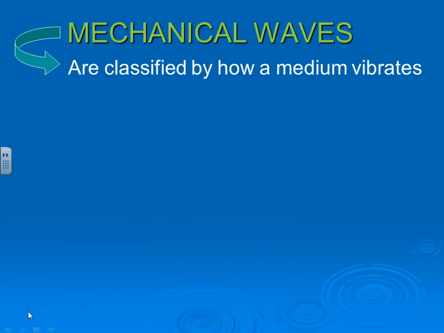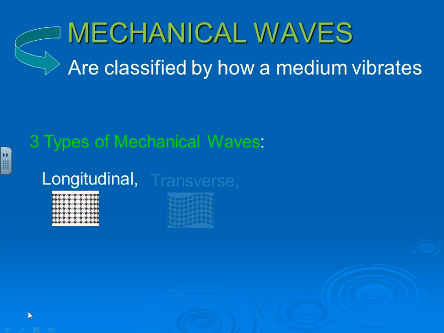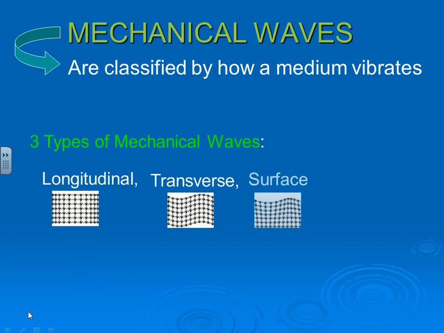So now that we've gone over wave anatomy, we've gone over academic terms, let's actually talk about the 3 different types of mechanical waves. On your notes, I want you to visualize 3 different sections. These are the 3 different types of mechanical waves that we're going to talk about.